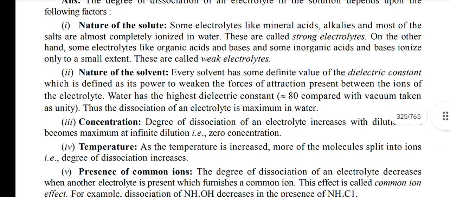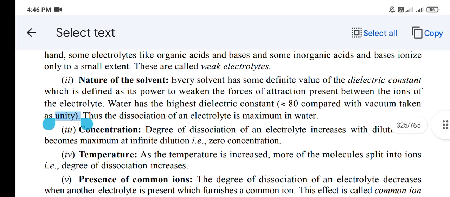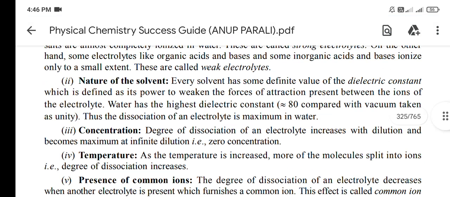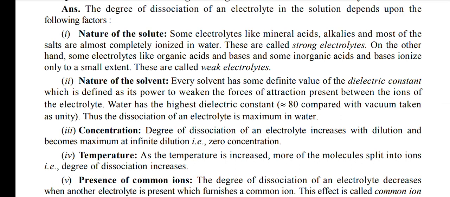Some electrolytes like mineral acids, alkalis and most of the salts are almost completely ionized in water. These are called strong electrolytes. On the other hand, some electrolytes like organic acids and bases and some inorganic acids and bases ionize only to a small extent. These are called weak electrolytes.